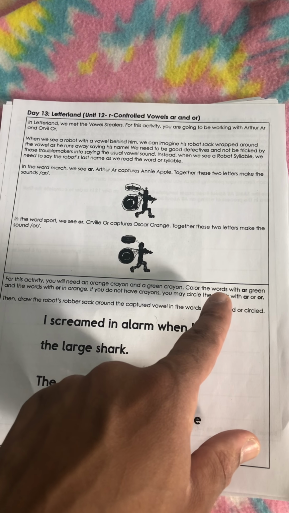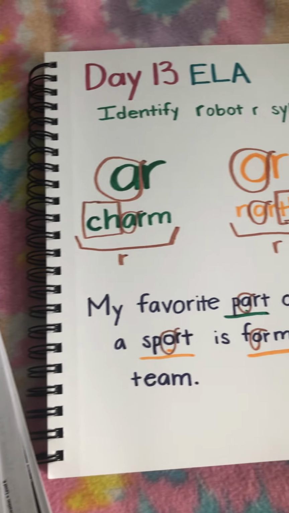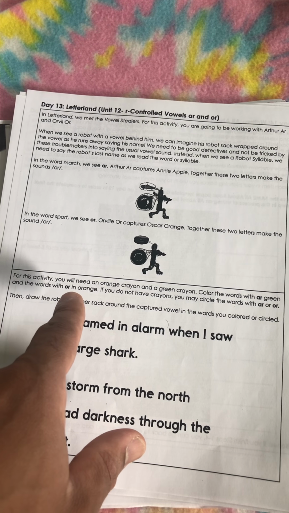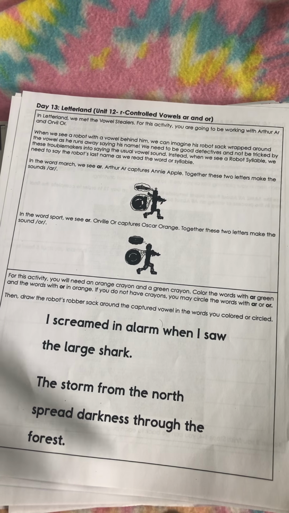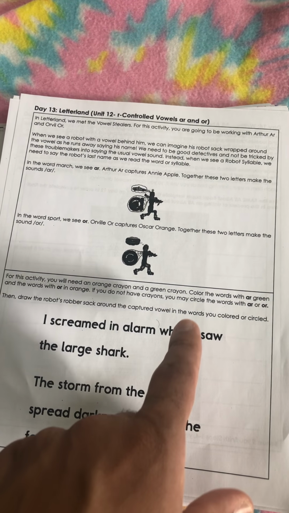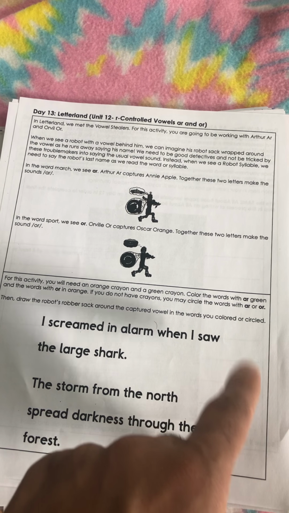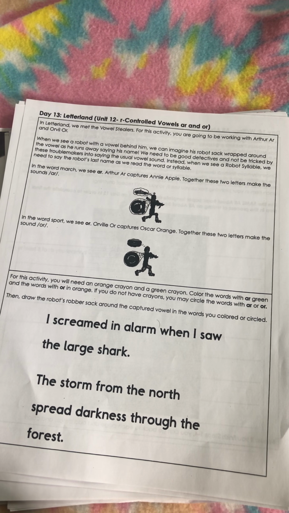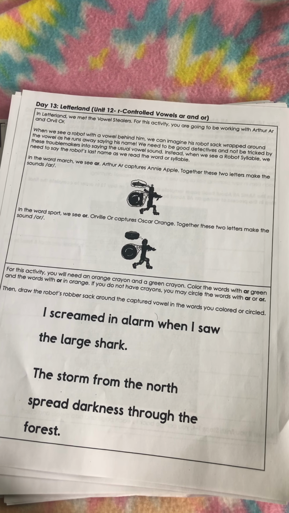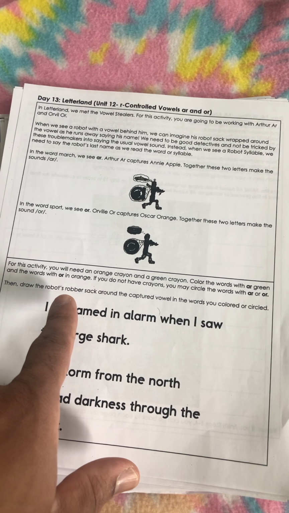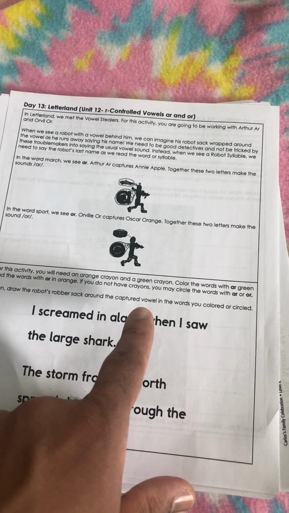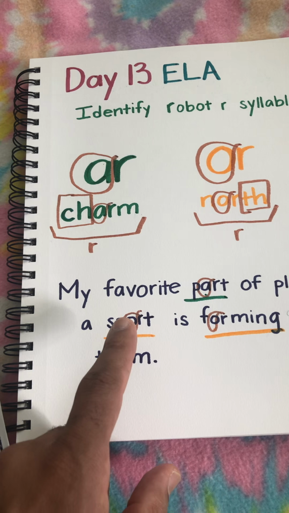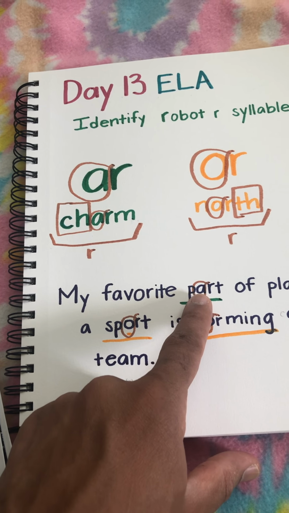It asks you to color the words with AR green, and the words with OR in orange. If you do not have crayons, you can just circle the words with the AR or OR. No big deal. After you finish identifying those words, draw the robot's robber sack around the captured vowel in the words you colored or circled. Just like I went back and drew my robber sacks, you all will have a chance to do the same.